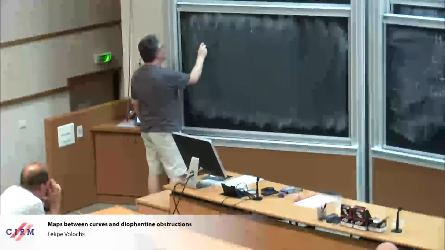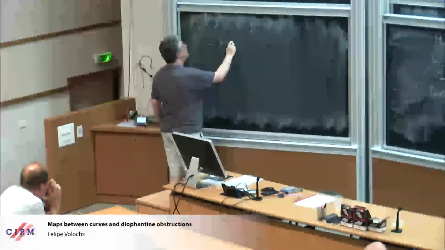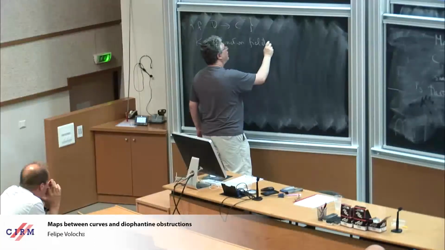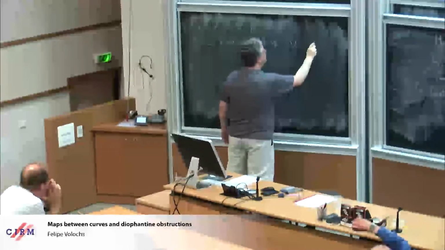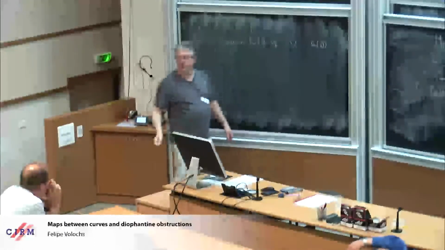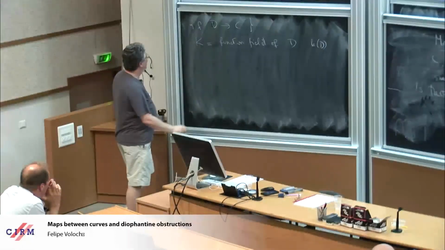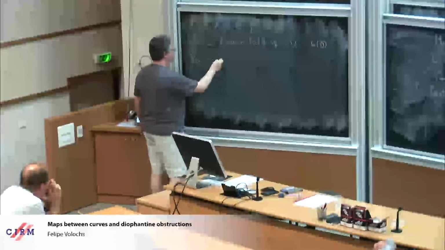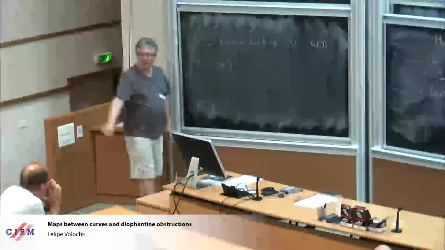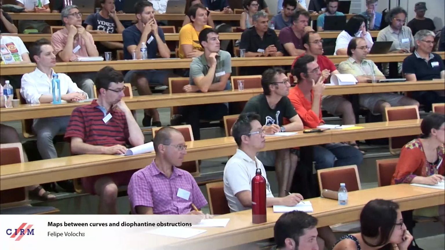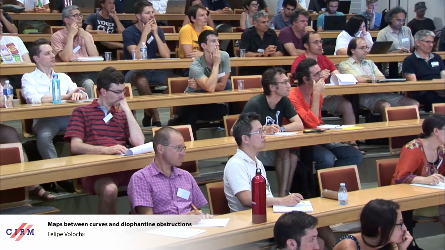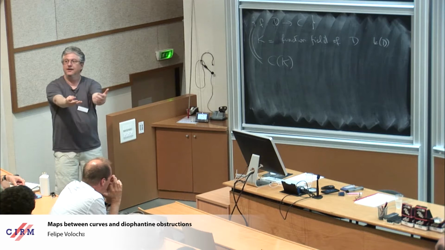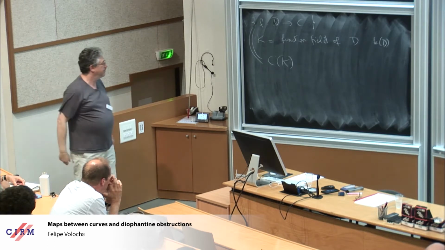If you let K be the function field of D, KD, the field of rational functions on D, then this set is equal to C(K), the points of C with coordinates in the function field of D. A point in C with coordinates in the function field of D is given by functions on D that take value in C, so you get a map from D to C.